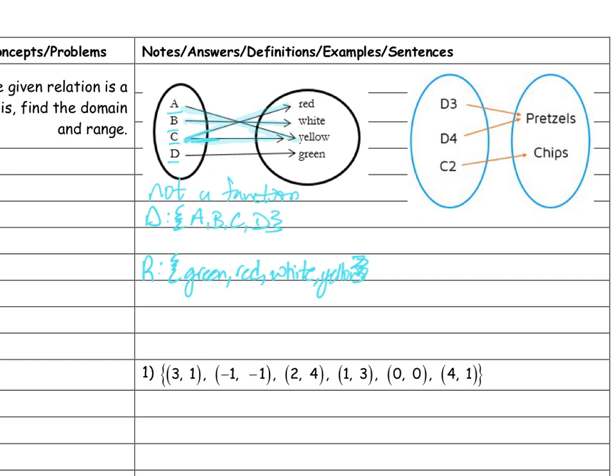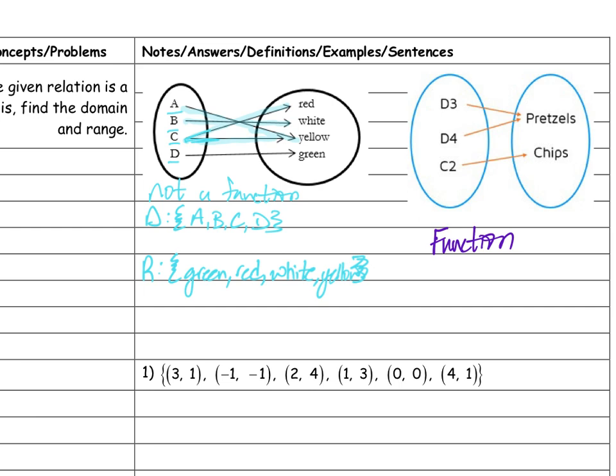Do you guys want to try the blue one? So same logic. Is it a function? Does each one of my X's only go to one Y? And then do your domain and range. There we go, guys. Most of you are right. I think actually everyone that even got it wrong the first time corrected it and said it was a function. Very good. Because each one of my x's only goes to one y, and it's okay if I have more than one x going to a single y, as long as each x is only going to one y.